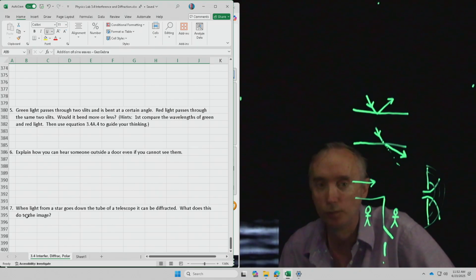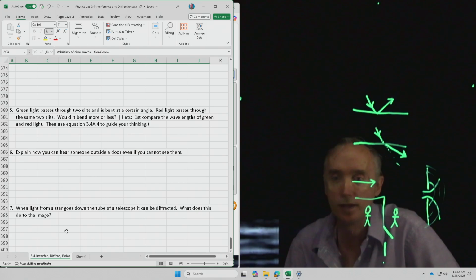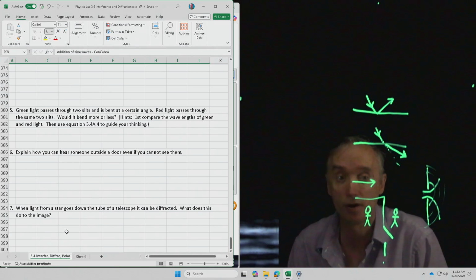Then number 7, when light from a star goes down the barrel of a telescope, it can be diffracted. And so the question is, what would that do to the image of the star?